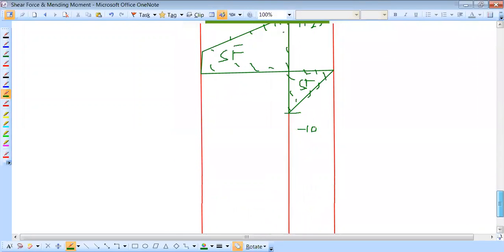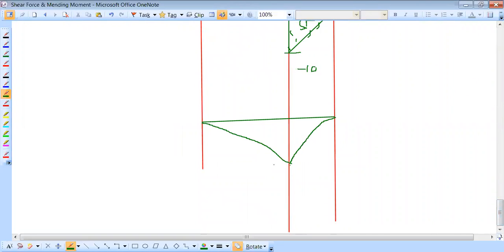Minus 10 and C is equal to 0. So this is the diagram of the BM, and the portion is 0.